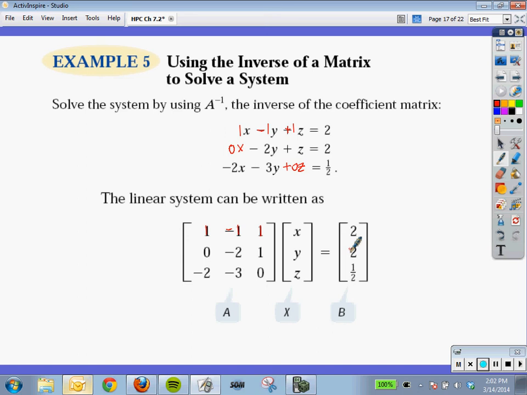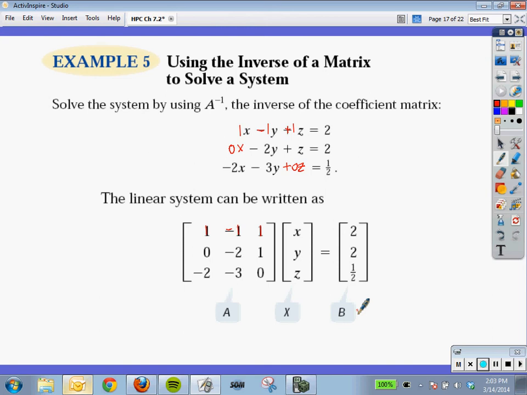And that's equal to row 2, column 1. And then finally we have row 3 times this column 1 here: -2 times X plus -3 times Y plus 0 times Z is equal to that spot right there. Okay? So are we all good on how to take the system of equations and rewrite it using matrices?